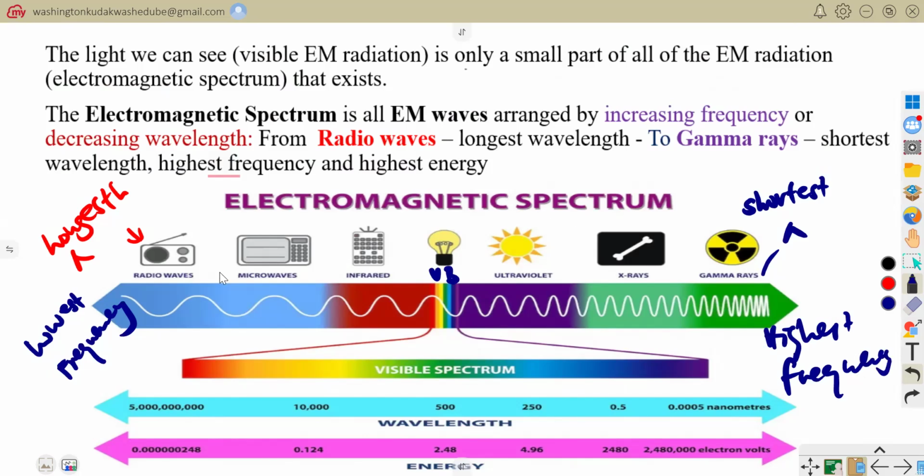You need to know how to arrange the electromagnetic spectrum from the lowest frequency to the highest frequency, or else from the longest wavelength to the shortest wavelength. The shorter the wavelength, the higher the frequency and the higher the energy that it carries. The longer the wavelength, the lower the frequency and the lower the energy that it carries. That is what we refer to as the electromagnetic spectrum.